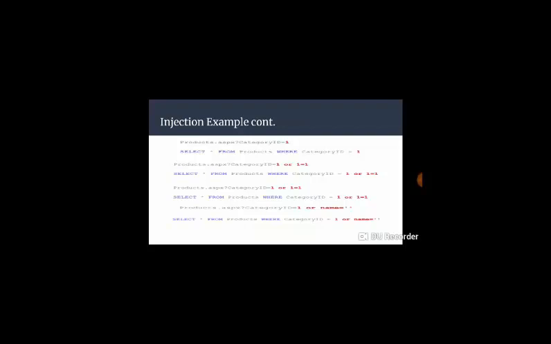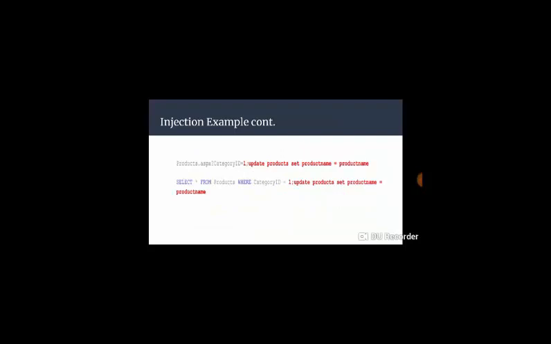Okay. Until now, with the previous injections, we are only retrieving data from the database. The first thing to note about the injection above is that we are now executing multiple statements. You see, after the 1 there's a semicolon, then update products set productName equals productName.